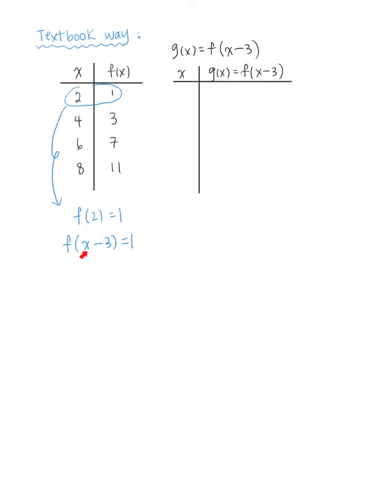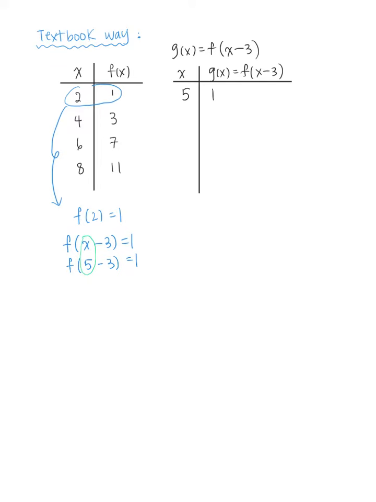So the question is, what is the value of x so that when I plug that x value in, I'm going to get 2 back? Well, that will be x equals 5, correct? So the way they do it is I'm going to rewrite it as f of 5 minus 3 equals 1. So that gives us that our x is 5. So that's why they write it as x is 5 and then our y is 1.